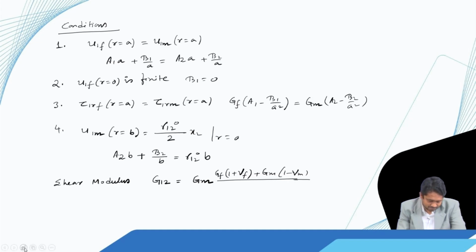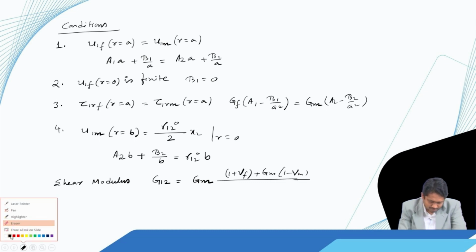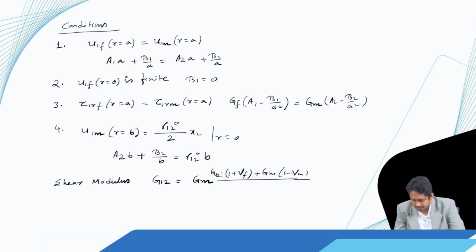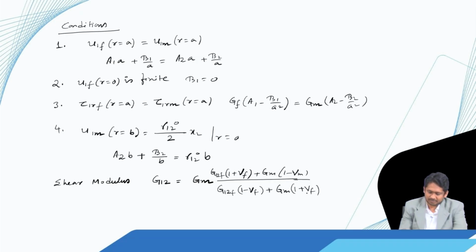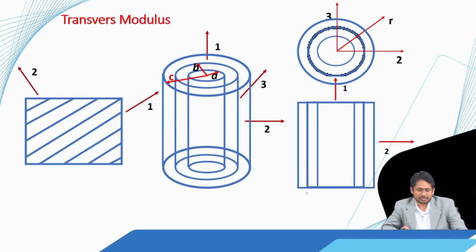And again, to be precise, as mentioned before, we can write this as G12 f because our fiber can be anisotropic, multiplied by 1 minus Vf plus Gm into 1 plus Vf. So, this becomes our expression for the shear modulus evaluated using the theory of elasticity based approach.